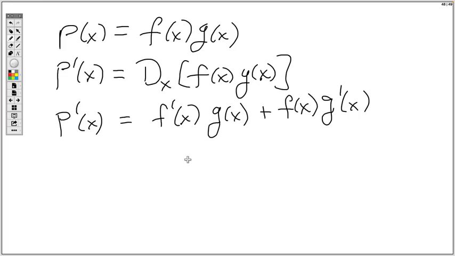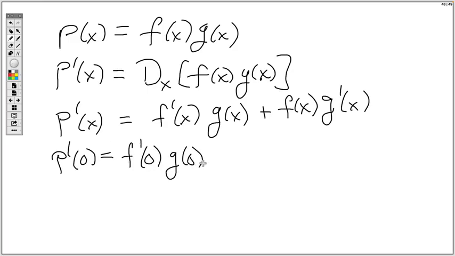And so if I want p prime of 0, all I got to do is plug 0 in to each of these things. F prime of 0 times g of 0 plus f at 0 g prime of 0. And now I go back to my table. What did we get for f prime at 0? What was f prime of 0? 2.